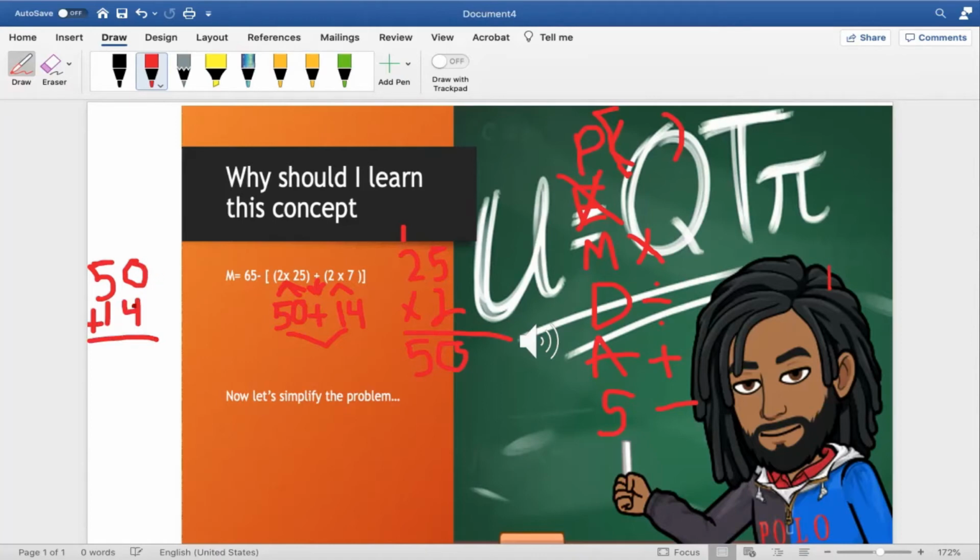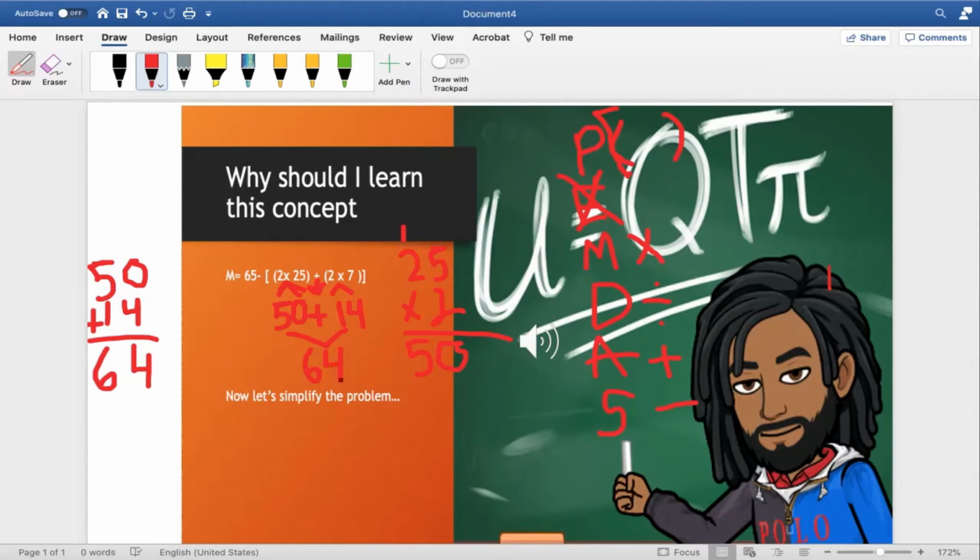All right. 0 plus 4 is 4 every day and twice on Sunday. 5 plus 1 is 6. So right now, our sum we have is 64. Now, is the answer complete?